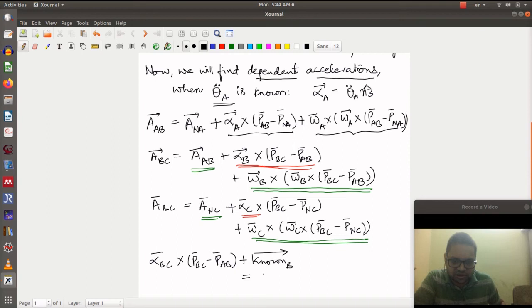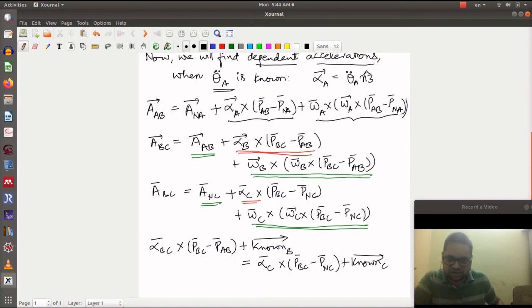Okay, on the other side you have alpha C cross PBC minus PNC plus known C. Known C is nothing but this whole omega cross omega cross PBC minus PNC and your acceleration of NC, which is nothing but 0, 0, 0.